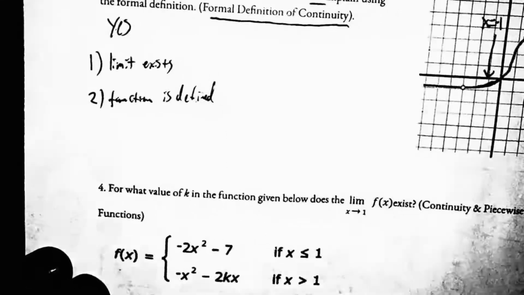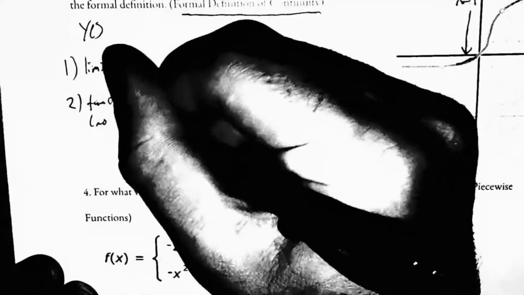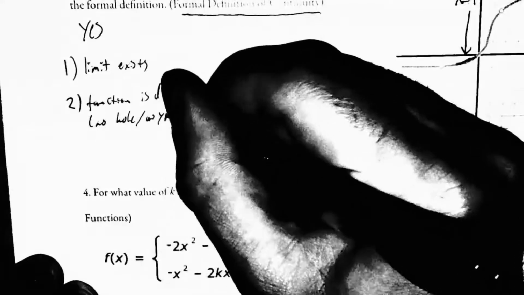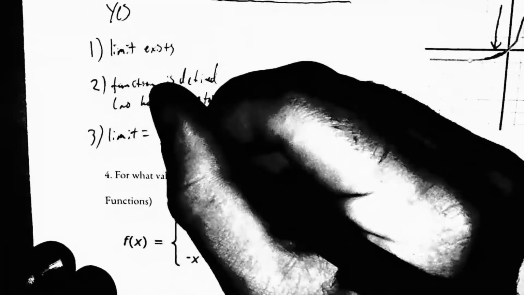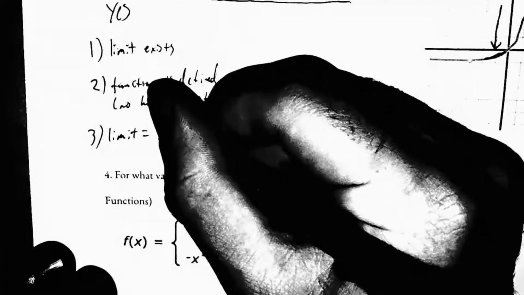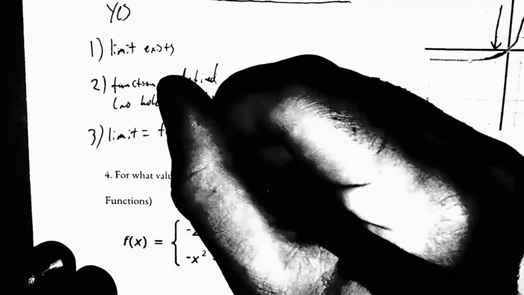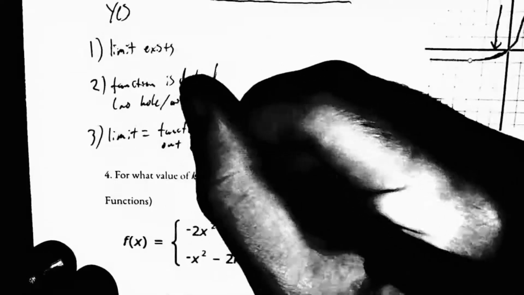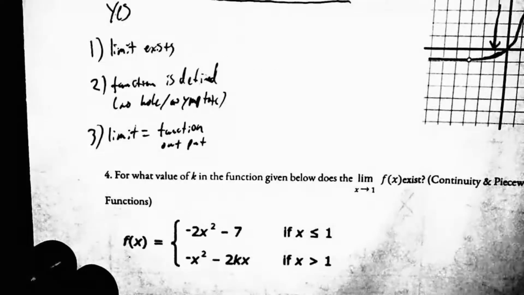That means essentially no hole or asymptote. Okay, and then 3, limit equals function output.